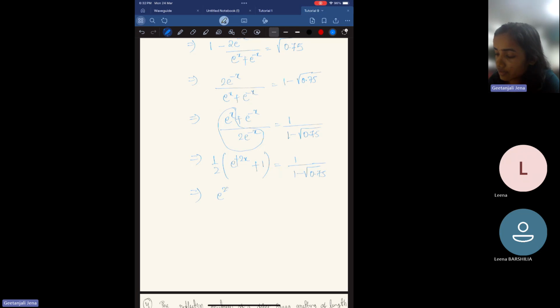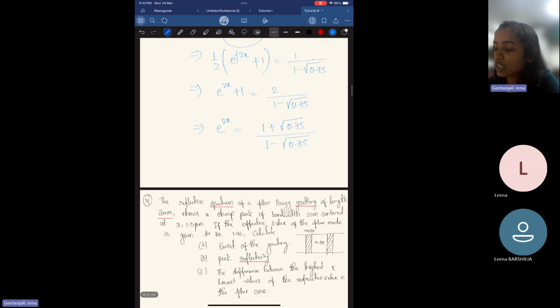This will again give 2 by 1 minus the square root of 0.75. So that means e to the 2x is 1 plus the square root of 0.75 over 1 minus the square root of 0.75.